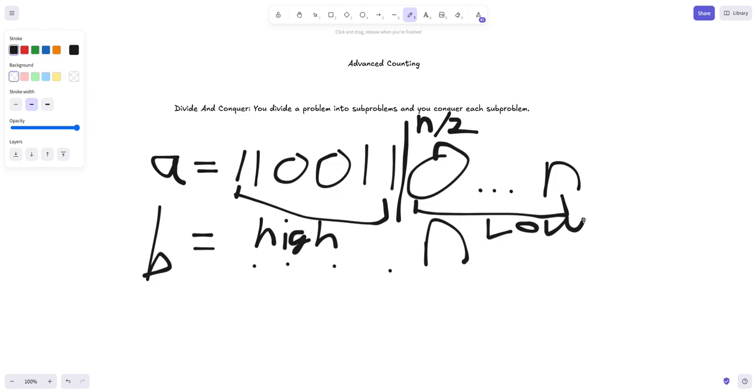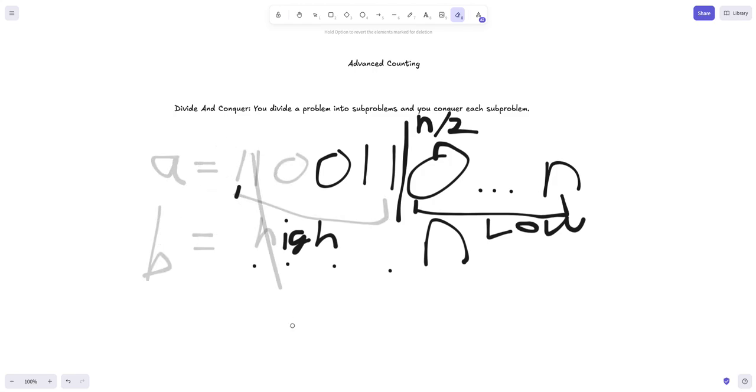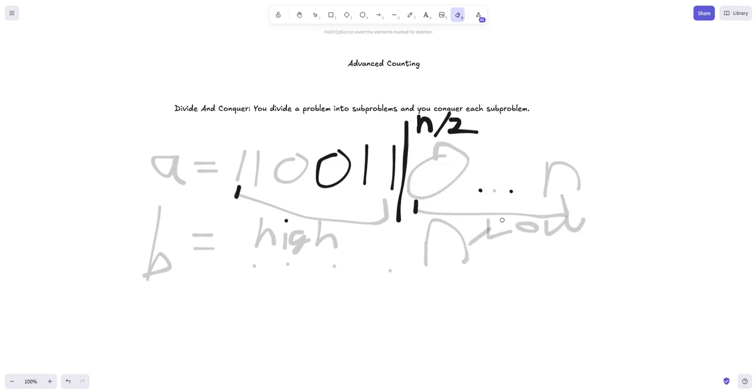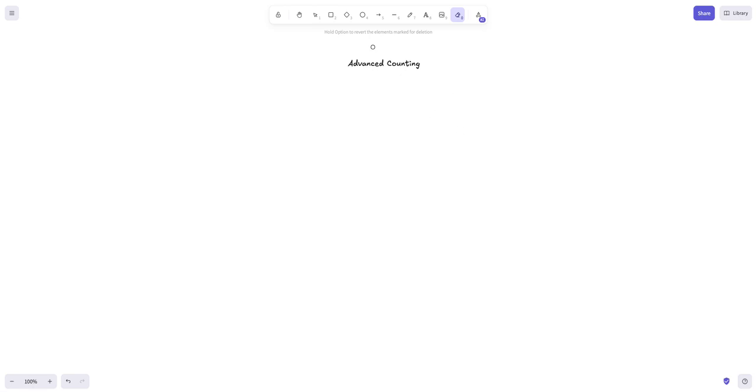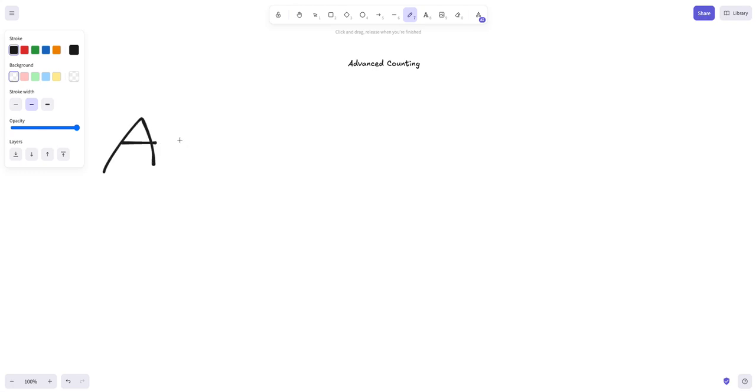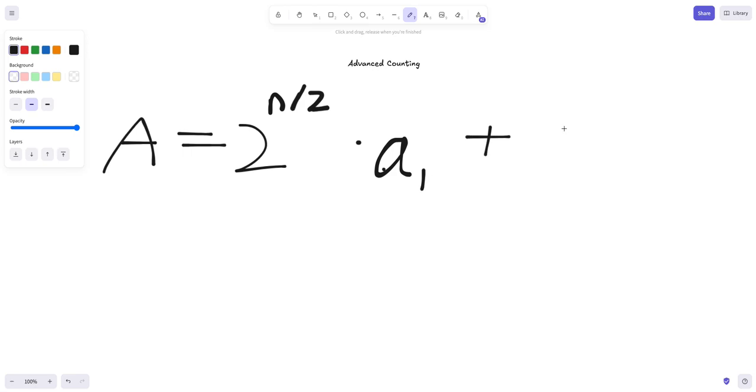Once we have it this way, let's try writing it a little bit more neatly. Let's assume we have a, which is equal to 2 to the power n over 2 times a1 plus a0.